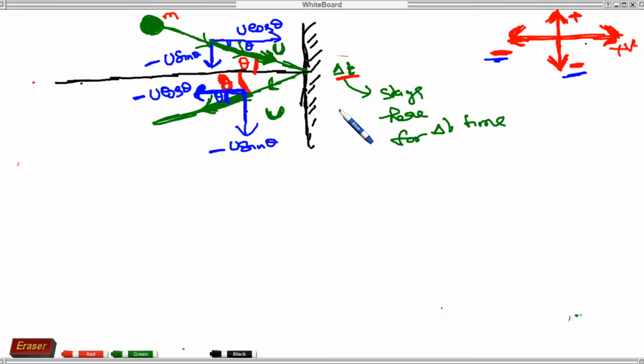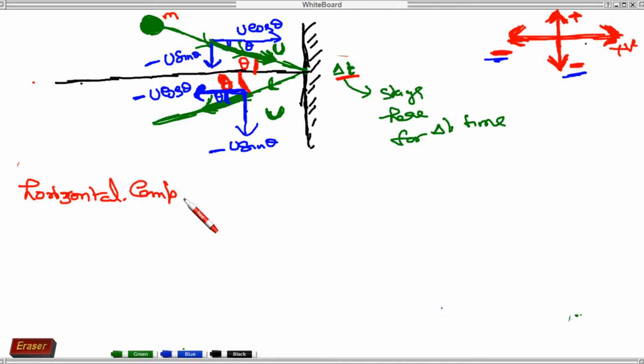So there are two parts. Let's see the initial momentum in the horizontal part. First we are considering the horizontal component, or you can say the x component.